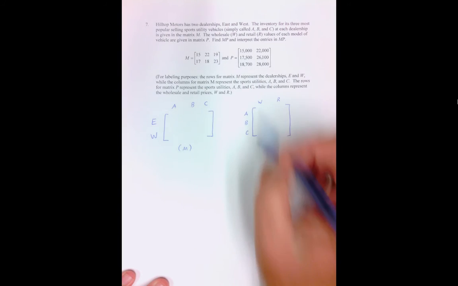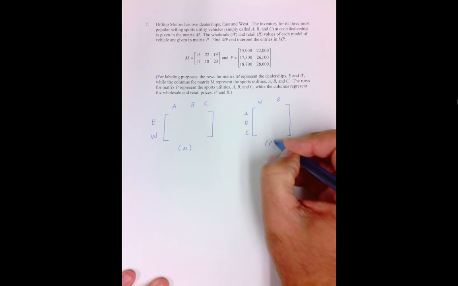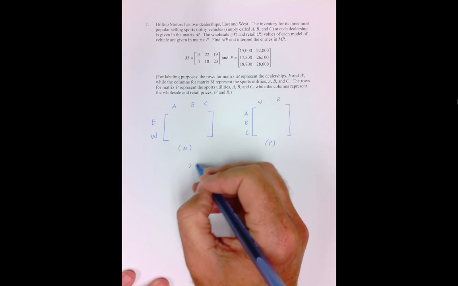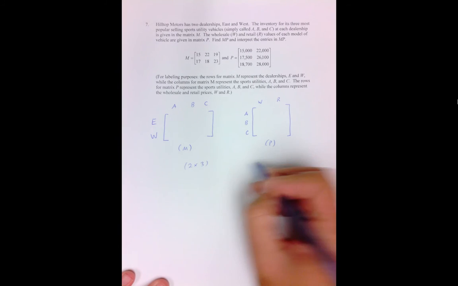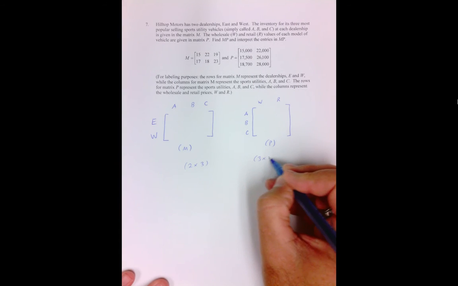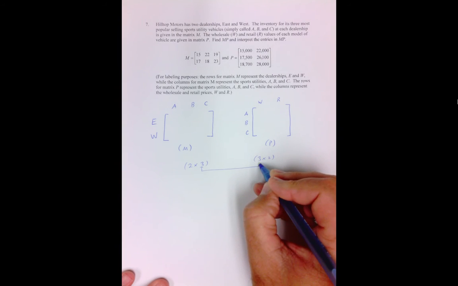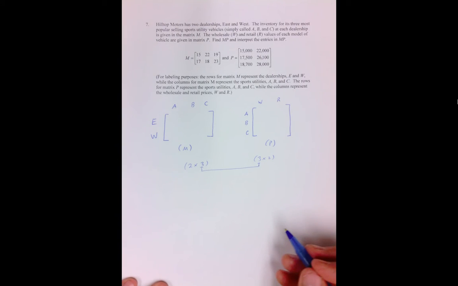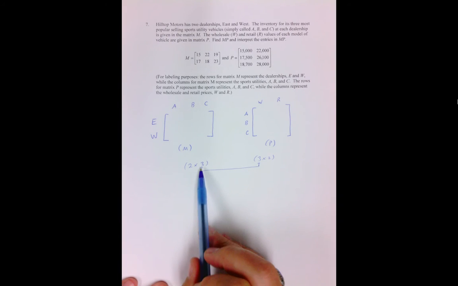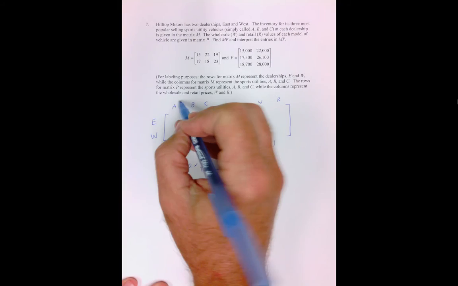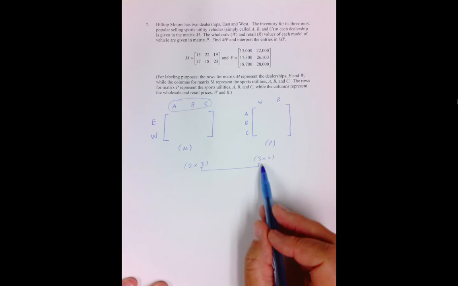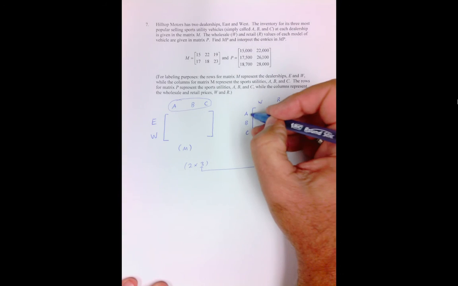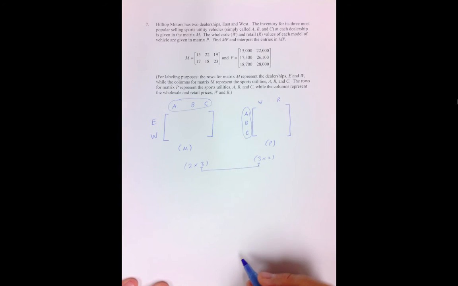Find M times P. So guys, M is a 2 by 3. P is a 3 by 2. So these numbers are the same, so we can multiply them. But the product only makes sense if the columns from the first matrix measure exactly the same thing as the rows of the second matrix. So it does.